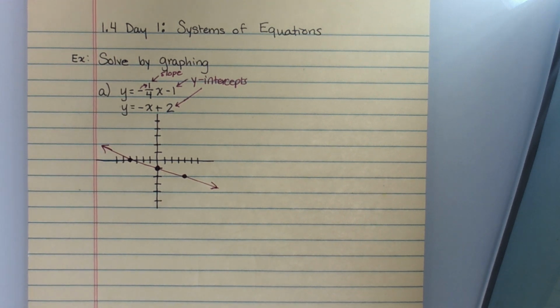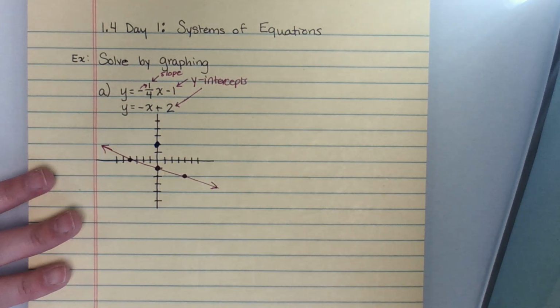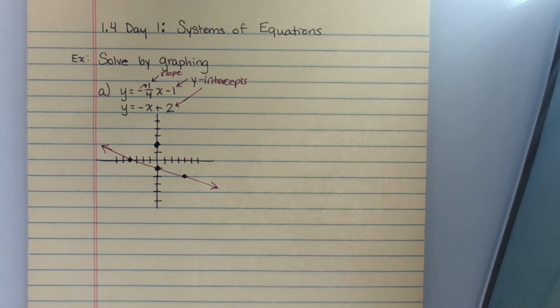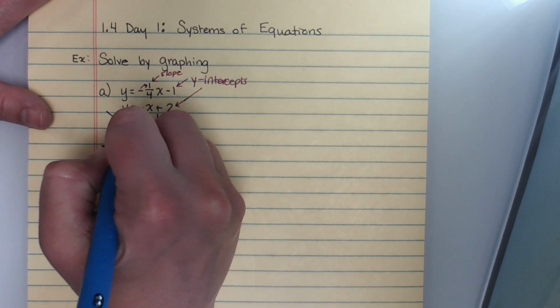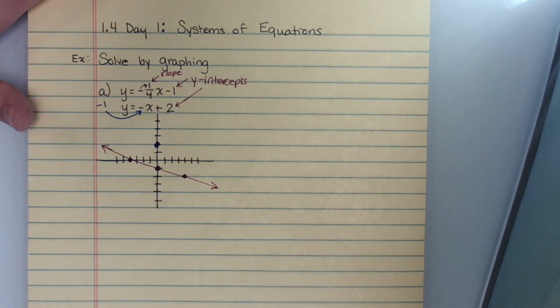That's my first equation. I also need to graph the second one. What was the second one's y-intercept? 2. So on the y-axis, plot a point at 2. What's the second one's slope? Not negative x, negative, what number's here? 1. Negative 1.